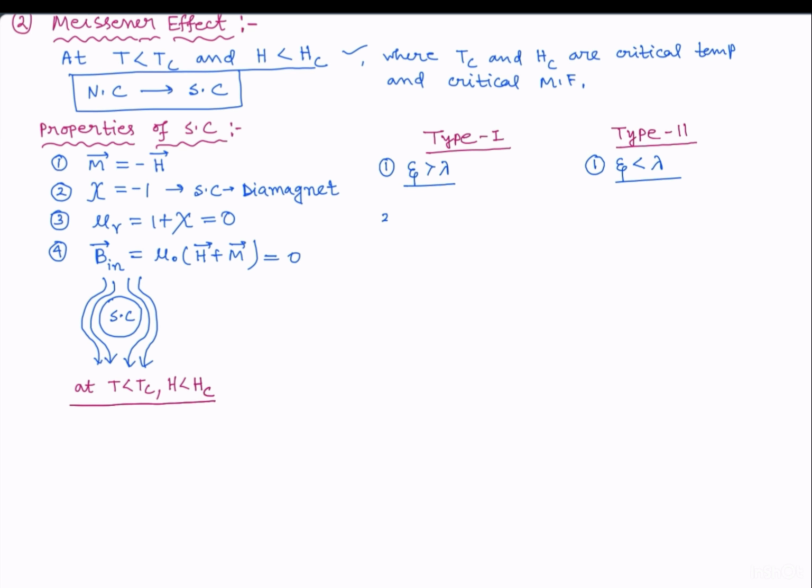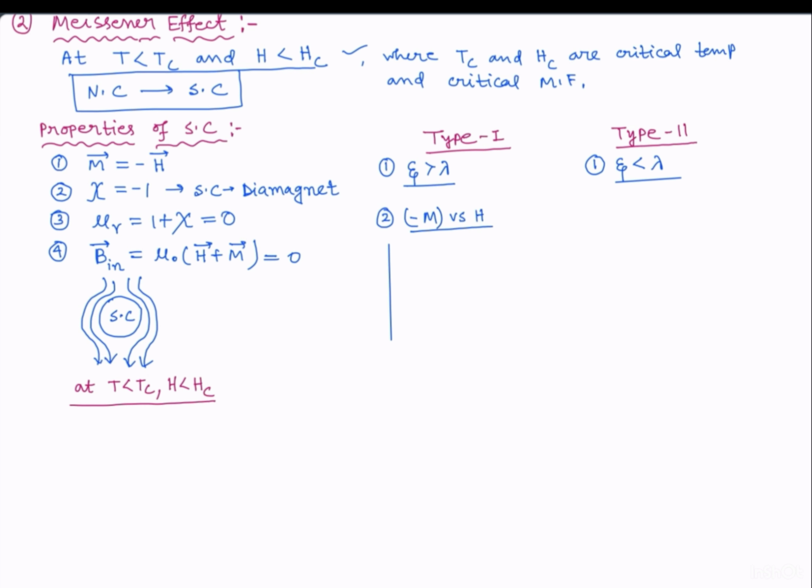And second is the graph between minus M versus H. For type 1 superconductor, the minus M versus H graph looks like this.